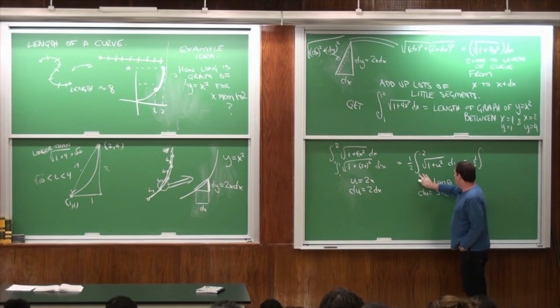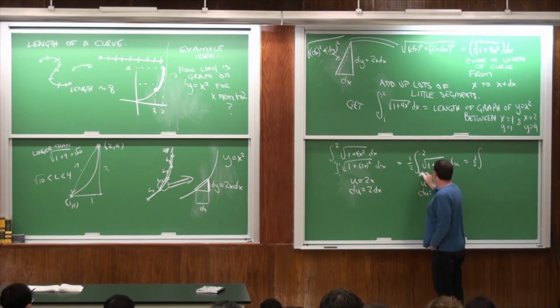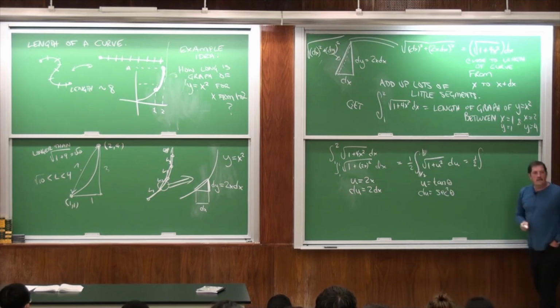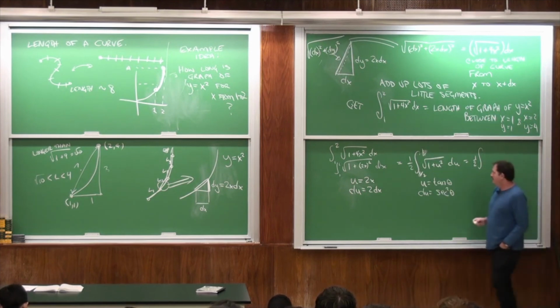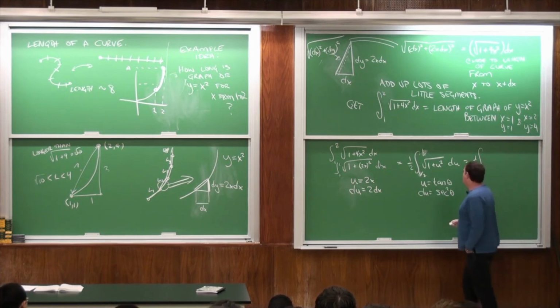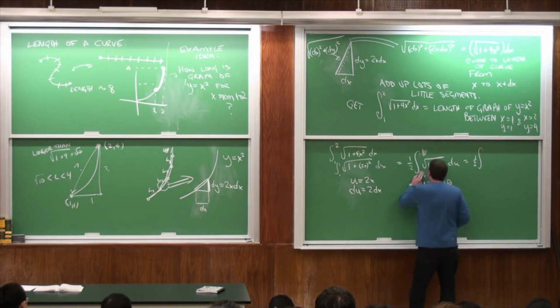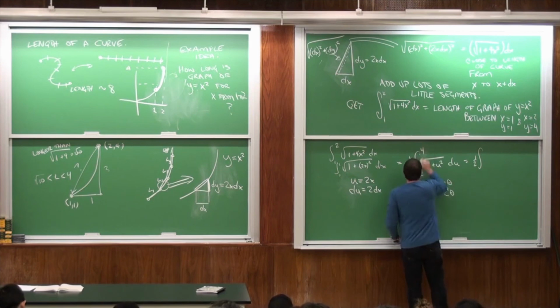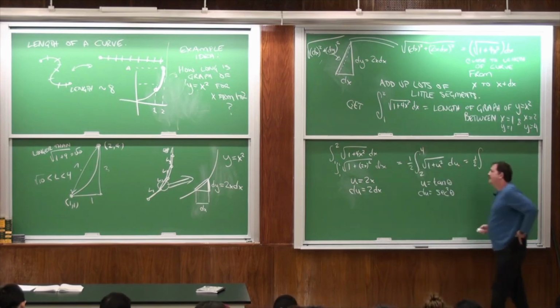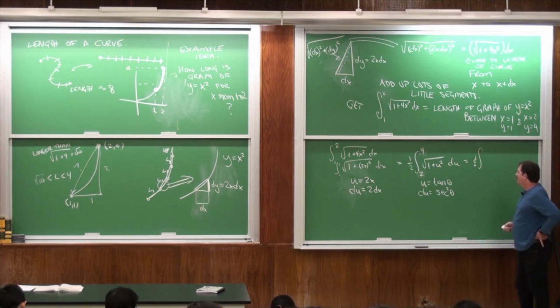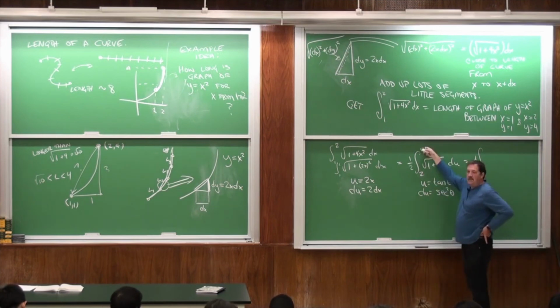Oh, this is not 1, this is now 1/2, this is now 1, because u is 2x: 2 and 4. Okay, rough day today. So u is 2 and 4.